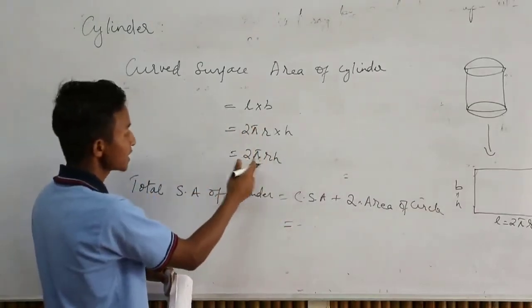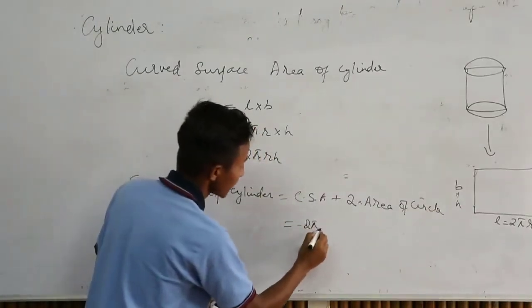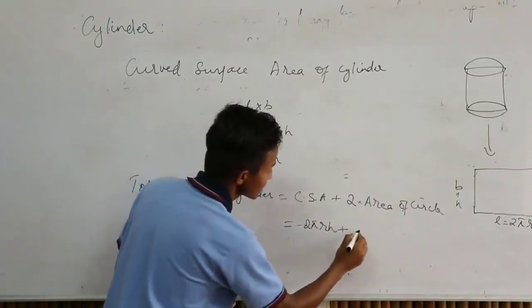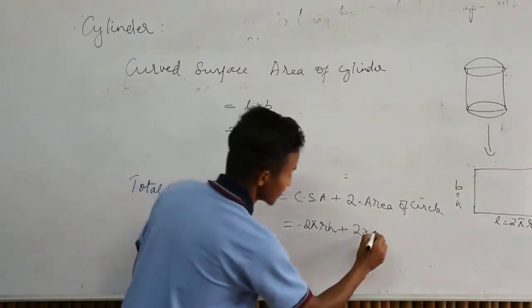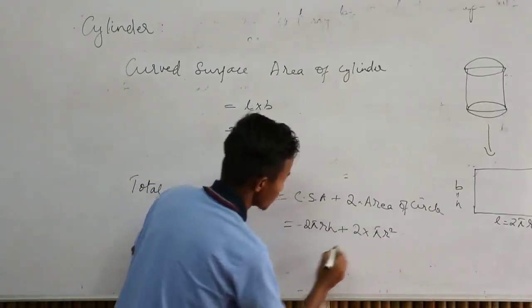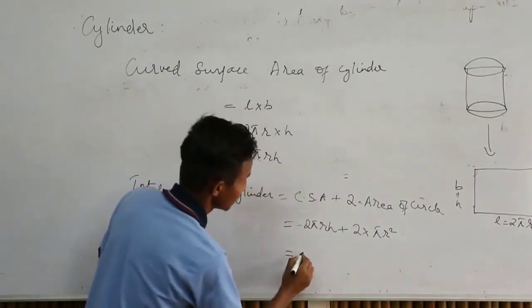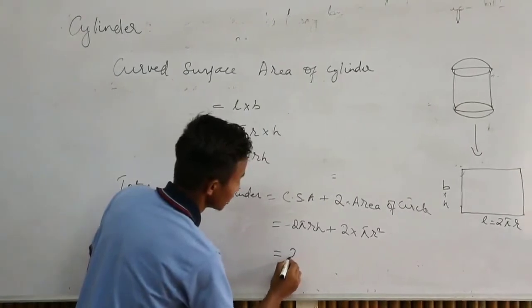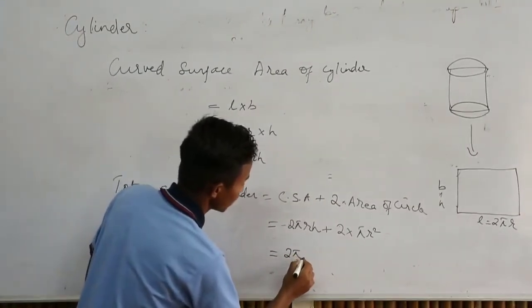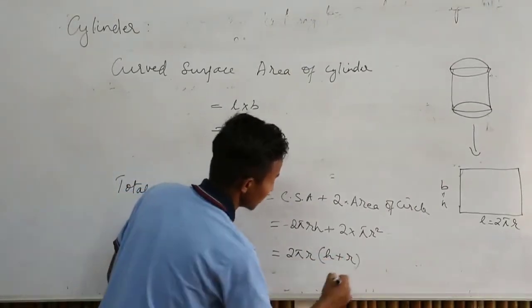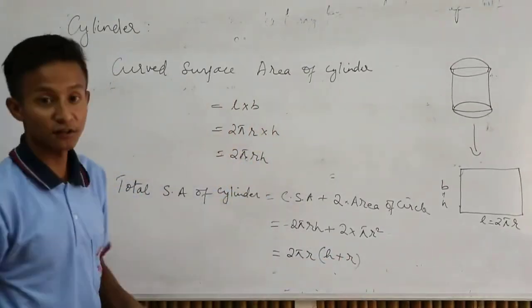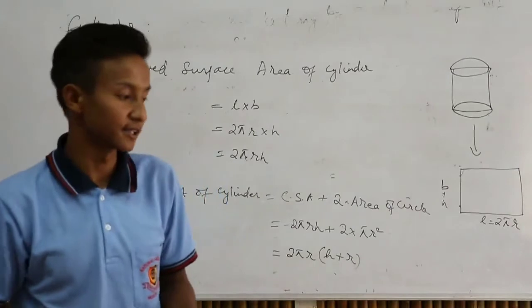What is the curved surface area? It is twice pi r h, plus twice the area of a circle, which is pi r squared. You will get twice pi r into (h plus r). This is the total surface area of a cylinder.